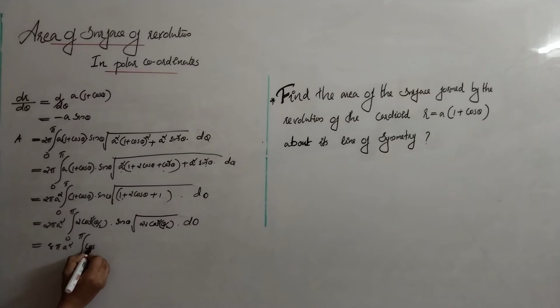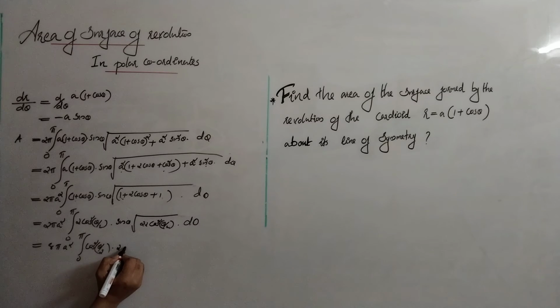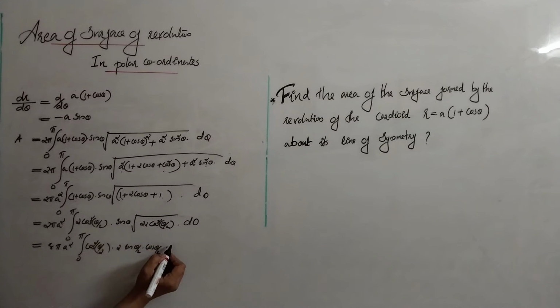cos square theta by 2. What is sin theta? Sin 2 theta is 2 sin theta cos theta. So sin theta is 2 sin theta by 2 into cos theta by 2 into root of cos square theta by 2, which is cos theta by 2, into d theta.